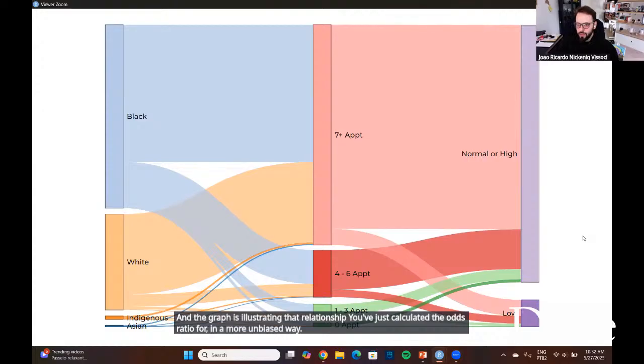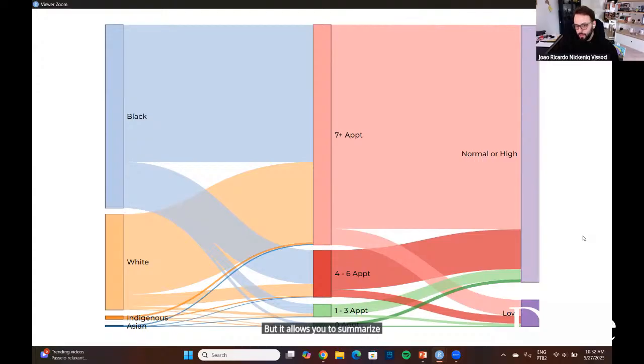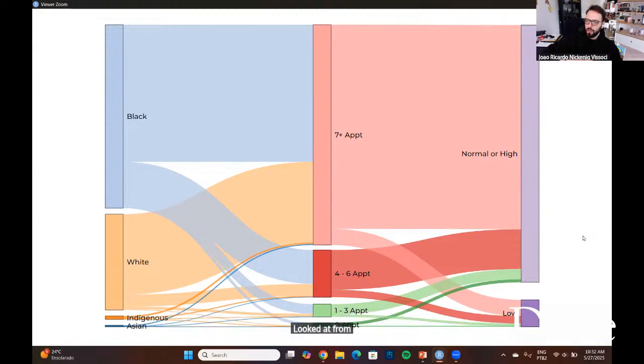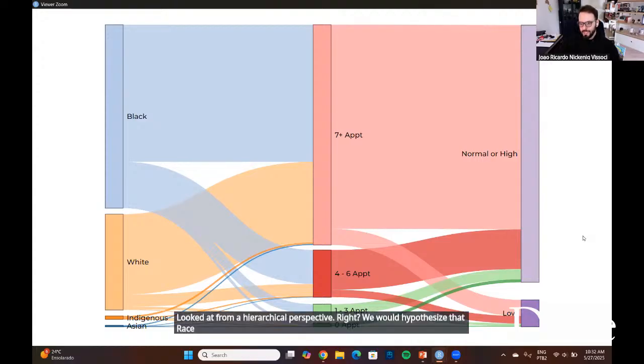But it allows you to summarize that, but it's nothing more than bivariable associations looked at from a hierarchical perspective, right? We would hypothesize that race predicts number of consultations that then predicts birth weight. Okay.